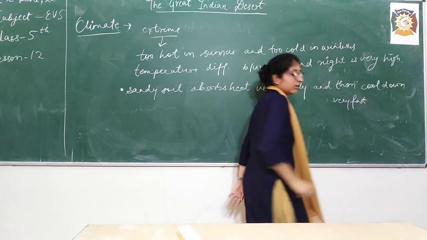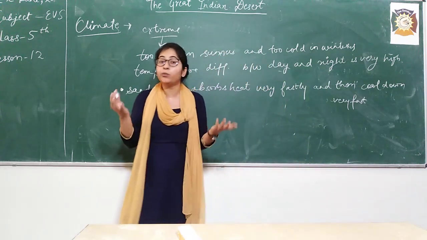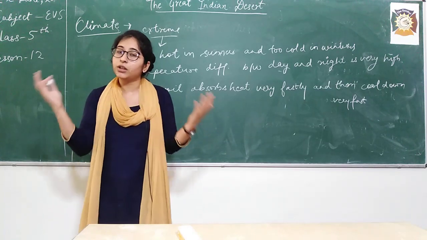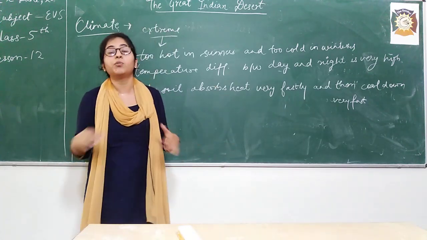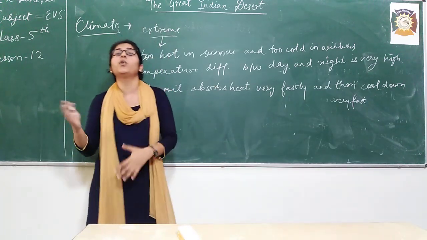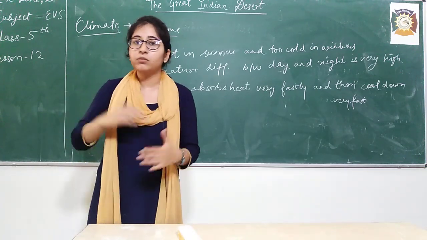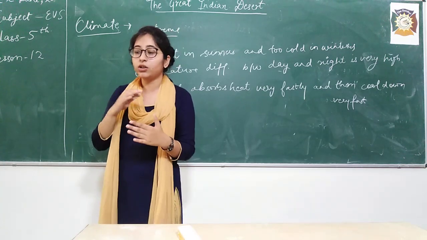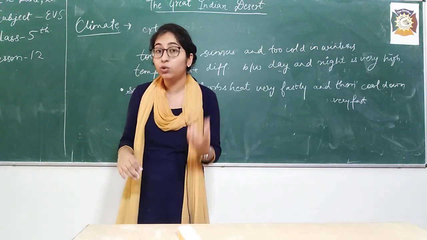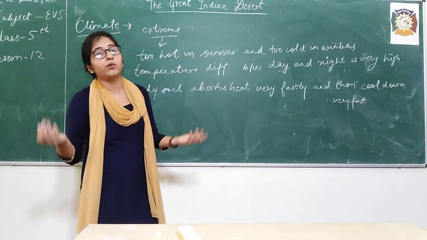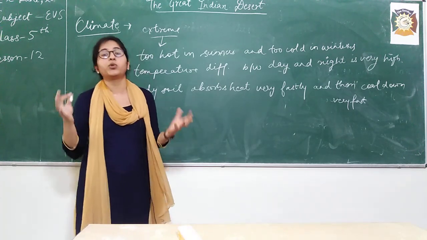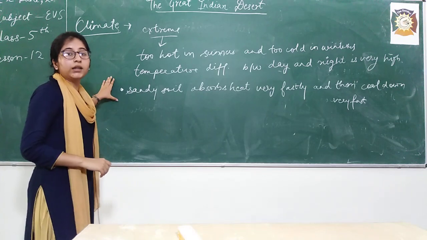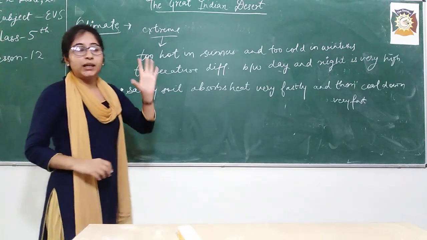So if the soil is heating up very fast, then obviously it will be hot, right? The temperature around the people, the atmosphere, will be very hot there. Now when in the night time the soil is cooling down, it becomes very cool. So obviously the temperature will be very cool, right? So the people will feel cold there. So this is the reason why the temperature there is so extreme.